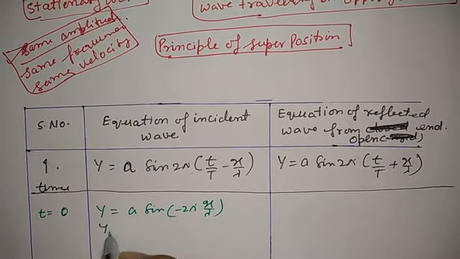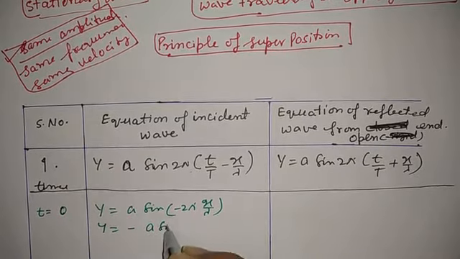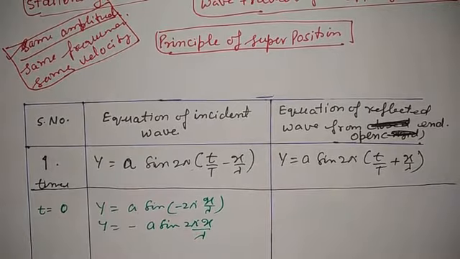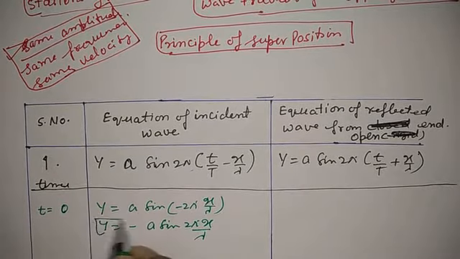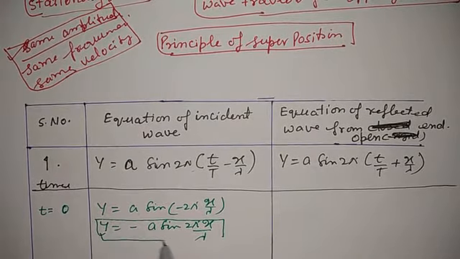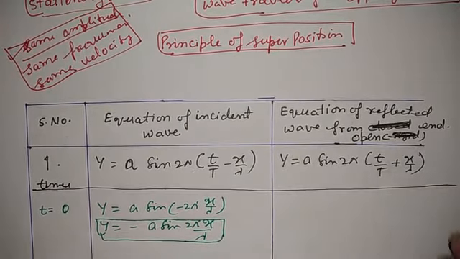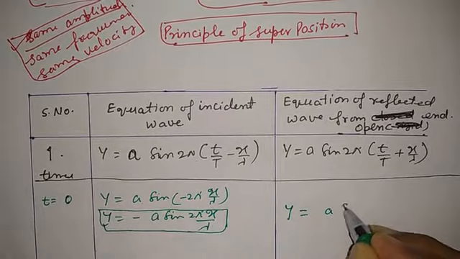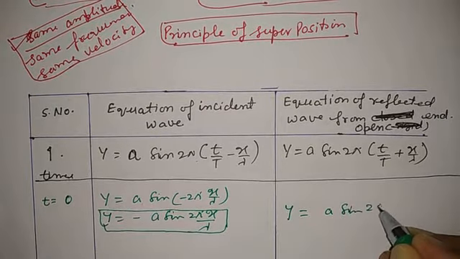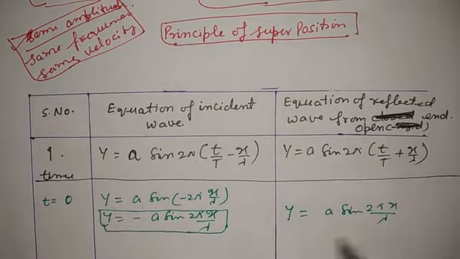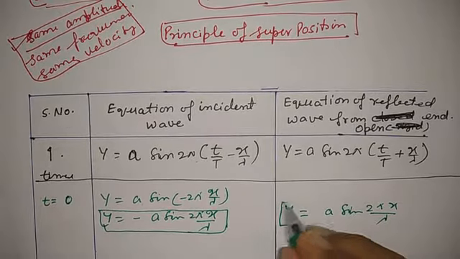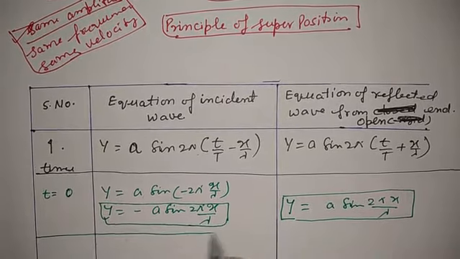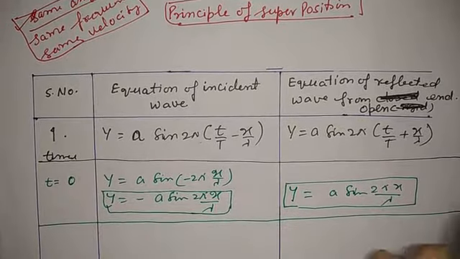Then this equation becomes minus a sine 2 pi x by lambda. And the reflected equation automatically becomes a sine 2 pi x by lambda. We are going to draw this equation on a graph.